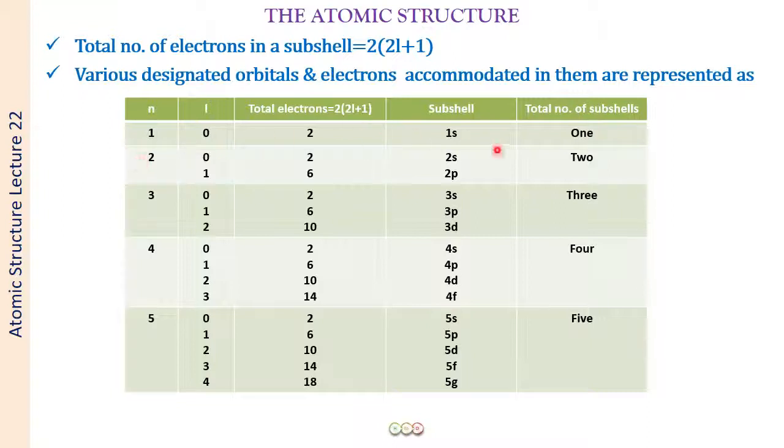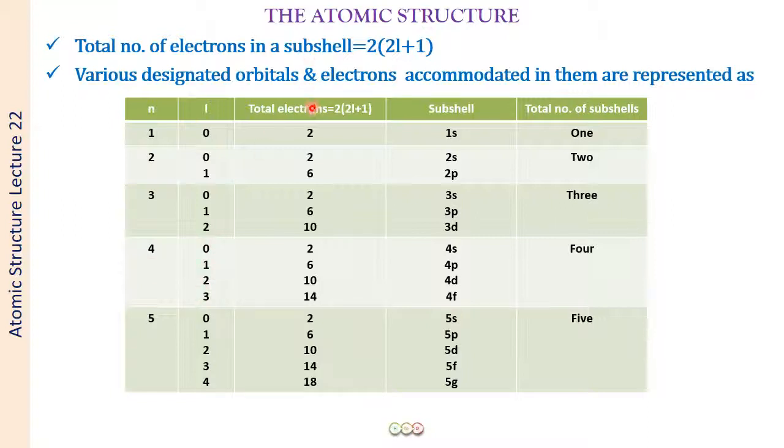Then n is 2, the total number of subshells is 2. When n is 3, the total number of subshells is 3, and so on. And what are the possible values of L? The possible values of L are going to be 0 to n minus 1. So for n 1, we have L 0. When n is 2, we have 0 and 1. When n is 3, we have 0, 1, 2. When it is 4, it is 0, 1, 2, 3, and so on.